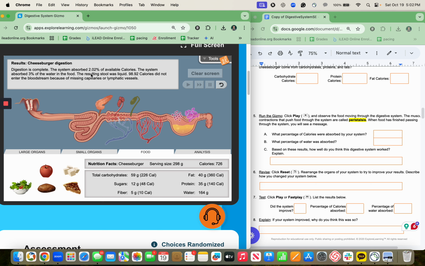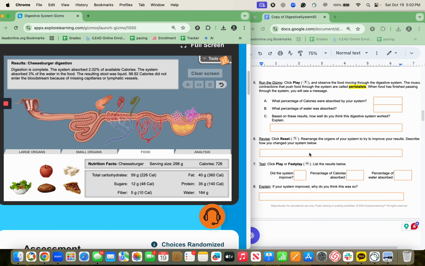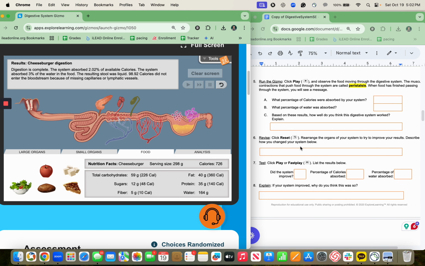The system absorbed 2.02% of the calories. The system absorbed 3% of the water. The resulting stool was liquid. 98 calories did not enter the bloodstream because of missing capillaries or lymphatic vessels. Oof. Okay, so obviously that was really bad, and I'm sure yours is way better than mine.